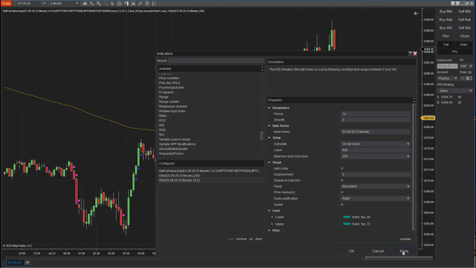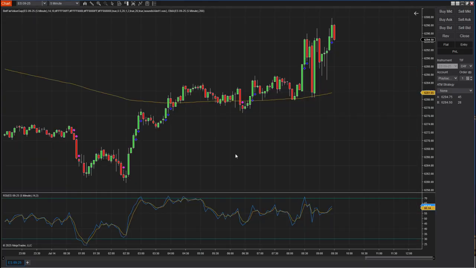Just leave it as normal. And so what we're looking for, if we're above the EMA, we're going to look at more longs, or bullish. If we're below the EMA, we're going to look at shorts or bearish. So this tries to keep us from taking entries that are not with the trend.